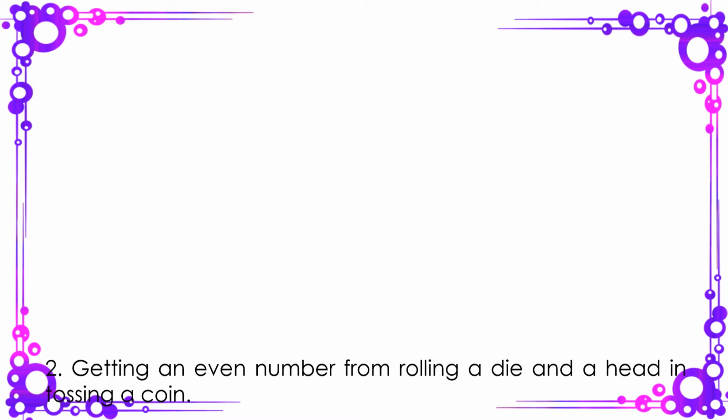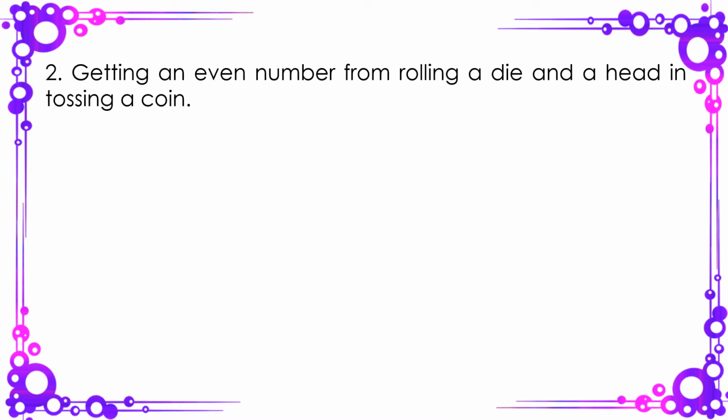So let us continue giving examples for compound events. And number 2 is getting an even number from rolling a die and a head in tossing a coin. So you can see here that we have two simple events. First is getting an even number from rolling a die, and the second one is a head in tossing a coin.